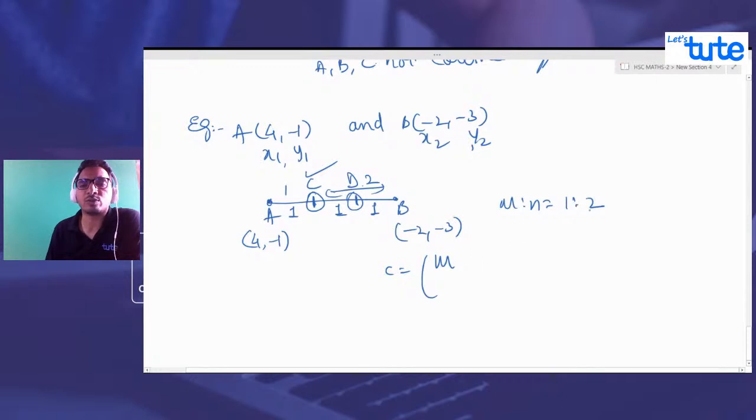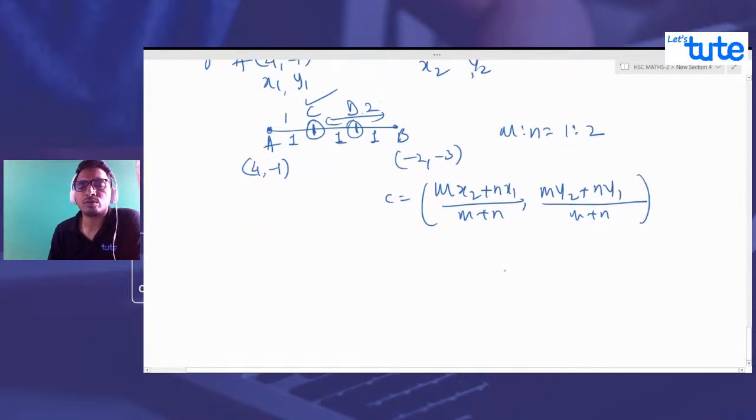So your m is 1. I'm writing the formula here first: (m x2 + n x1) upon (m + n), and (m y2 + n y1) upon (m + n).